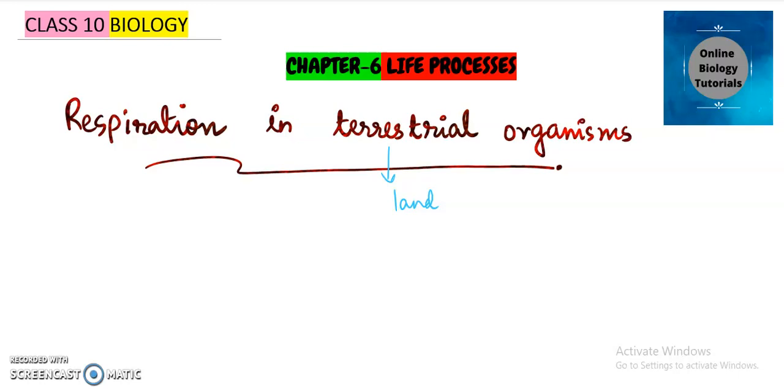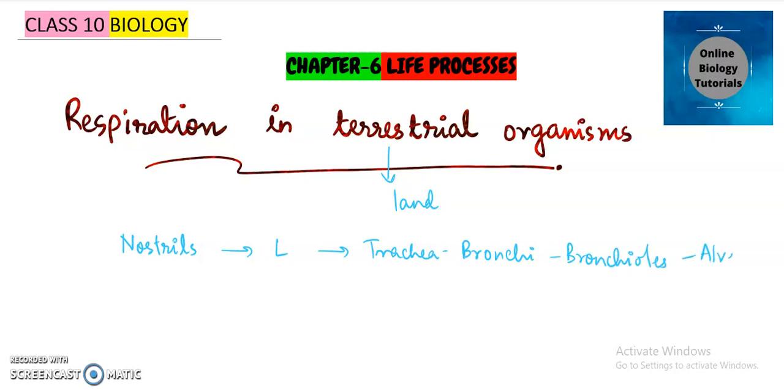And we have seen in the previous video that air flows in a sequence from nostrils to larynx to trachea to bronchi to bronchioles and then finally to the alveoli. So this happens in a sequential manner.